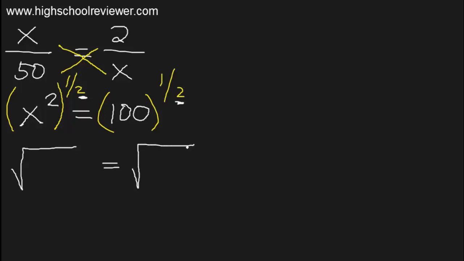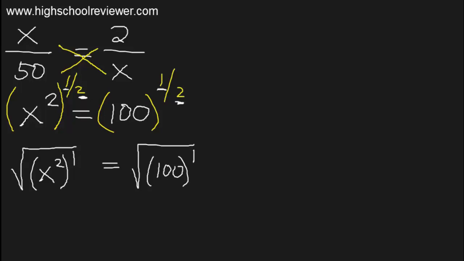So we will have square roots, and our base here will be x squared. Its exponent will be the numerator, which is positive 1. Our base here will be 100, and the exponent will be the numerator, which is positive 1.